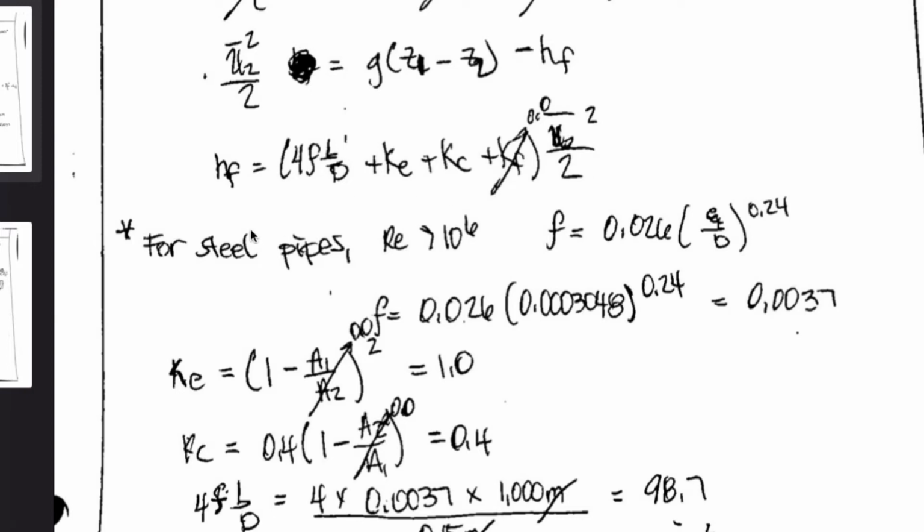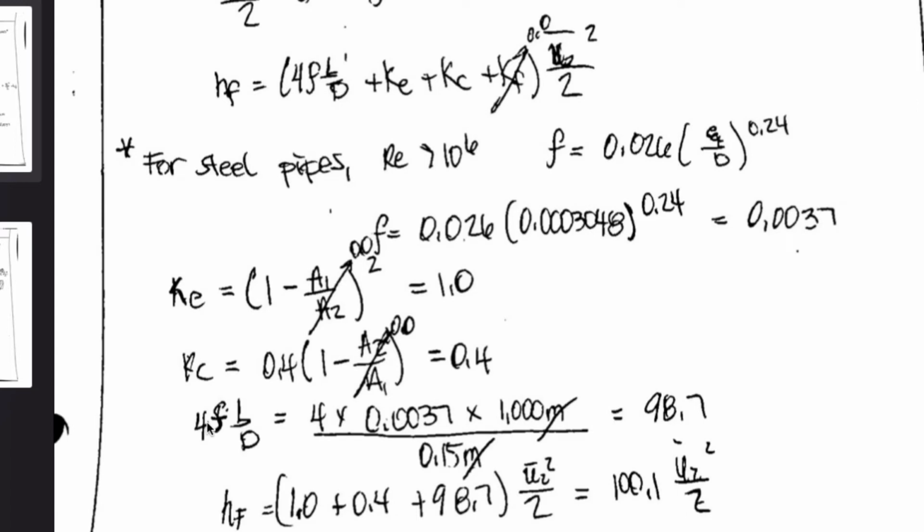For a steel pipe with a Reynolds number greater than 10 to the 6, which is very high turbulence, you can use this equation, straight out of the book. So I plug that in, calculate the roughness out of the book, and it gives me a friction factor of 0.0037.